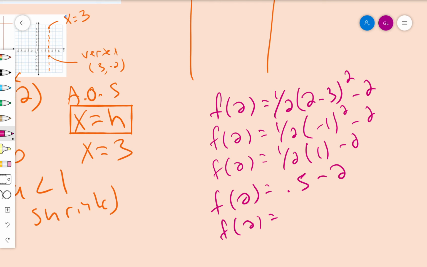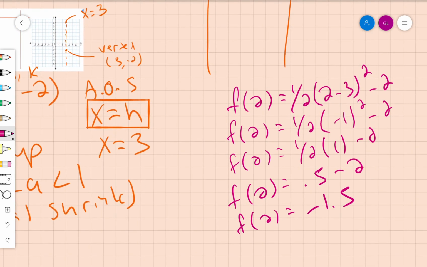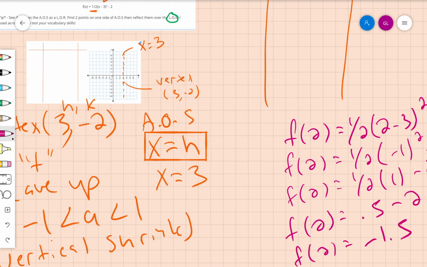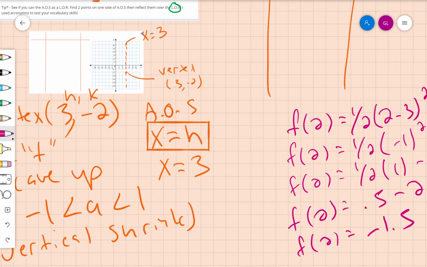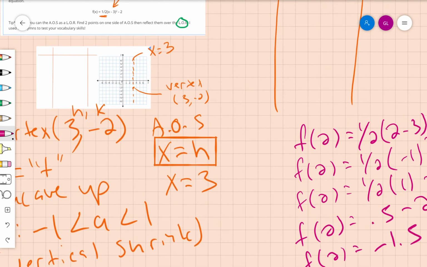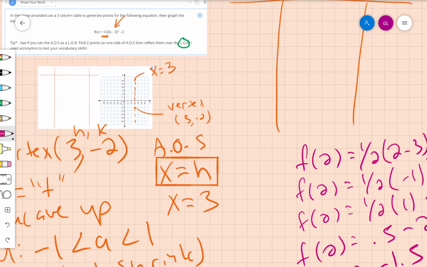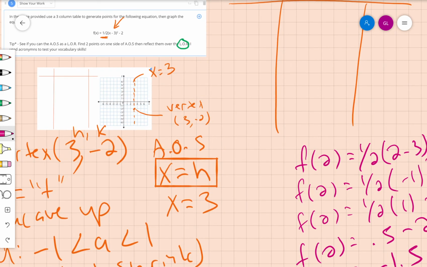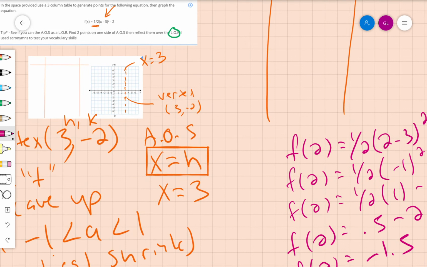Oh, no. Half times 1 is a half. Half minus 2 is -1.5. But that doesn't make any sense. So what did I do wrong here? Because it's concave up, there's no way you're going to have (2, -1.5). That would work if it was concave down, but this is not down. Oh, what did I do? Let me see here. We're going to figure this out.